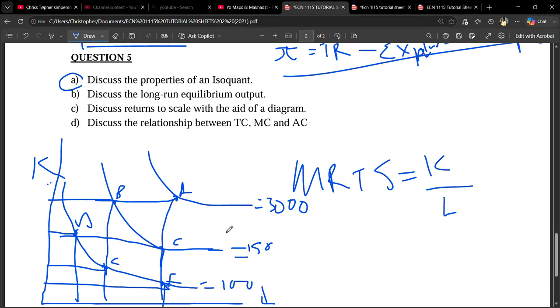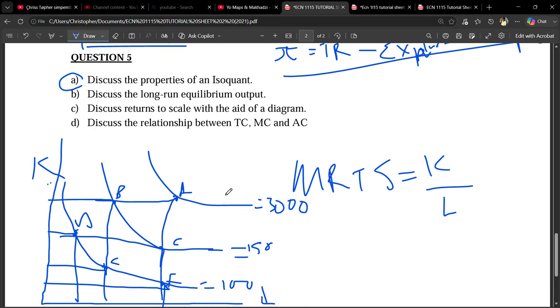So you cannot also have isoquants facing downward like that. Another property is that you cannot have isoquants crossing, because you cannot have the same point giving the same level of output. One point is supposed to give one level of output, not two points giving the same level of output.